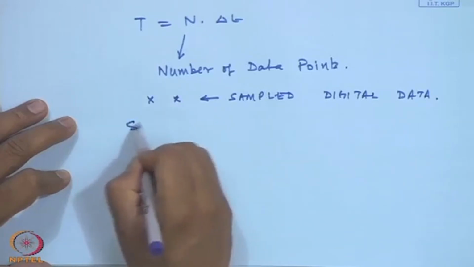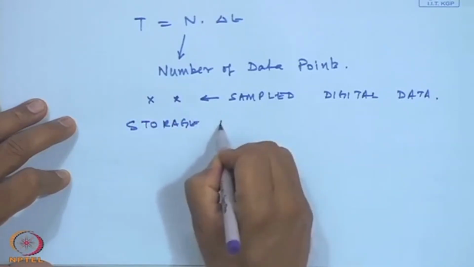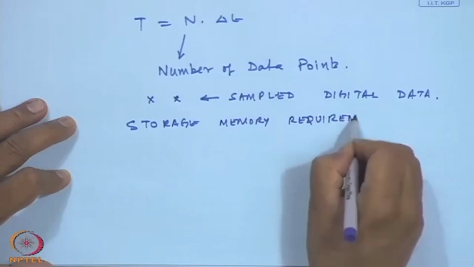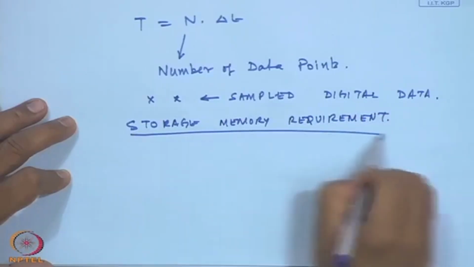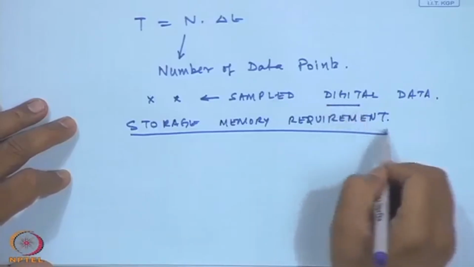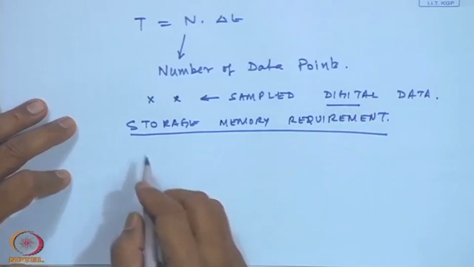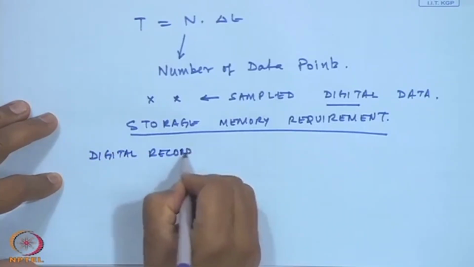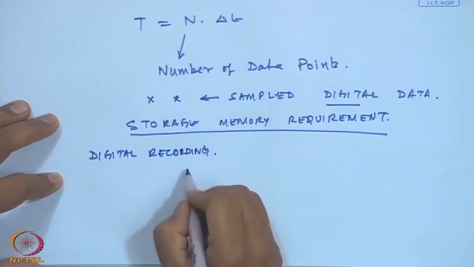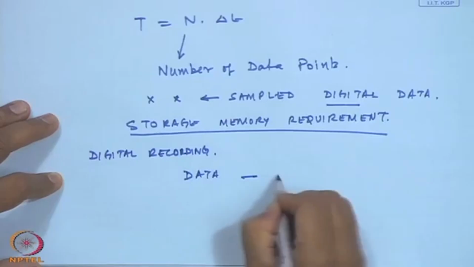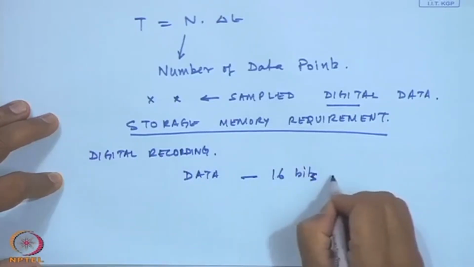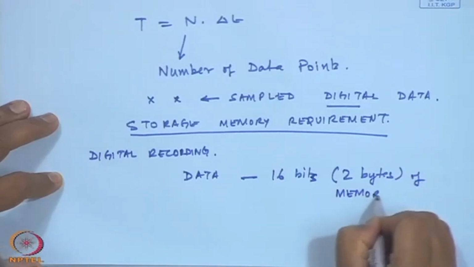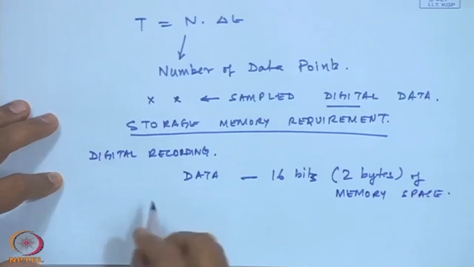So, in terms of the storage memory requirement, because this digital data has to be stored in some memory location in the digital recording, suppose every data point requires 16 bits or 2 bytes of memory space.